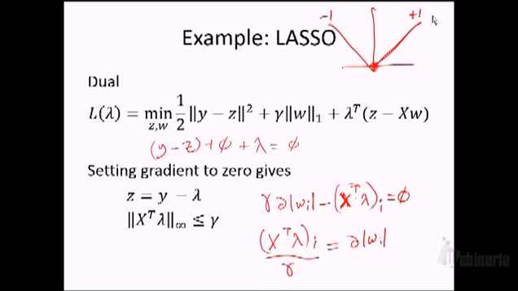Basically, where the function is differentiable, the subdifferential is just the derivative. So the subdifferential at a positive w will be +1, and it will be -1 for a negative w.